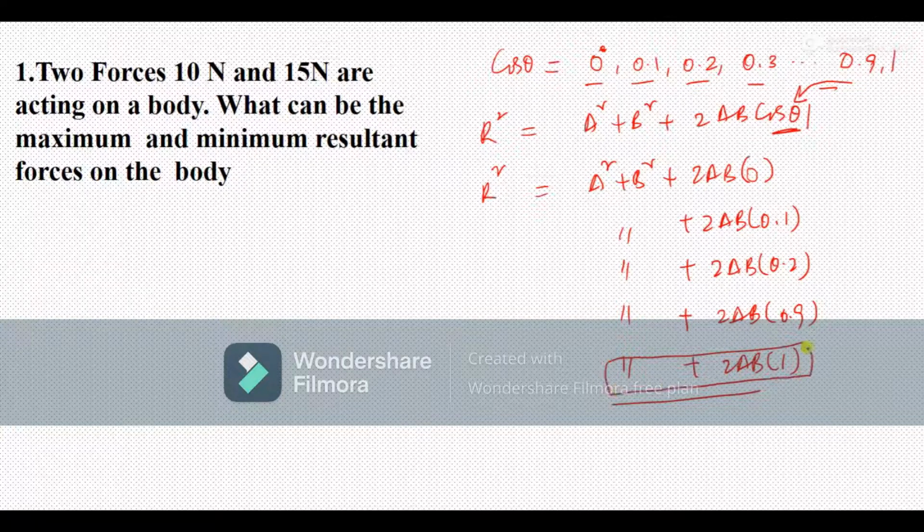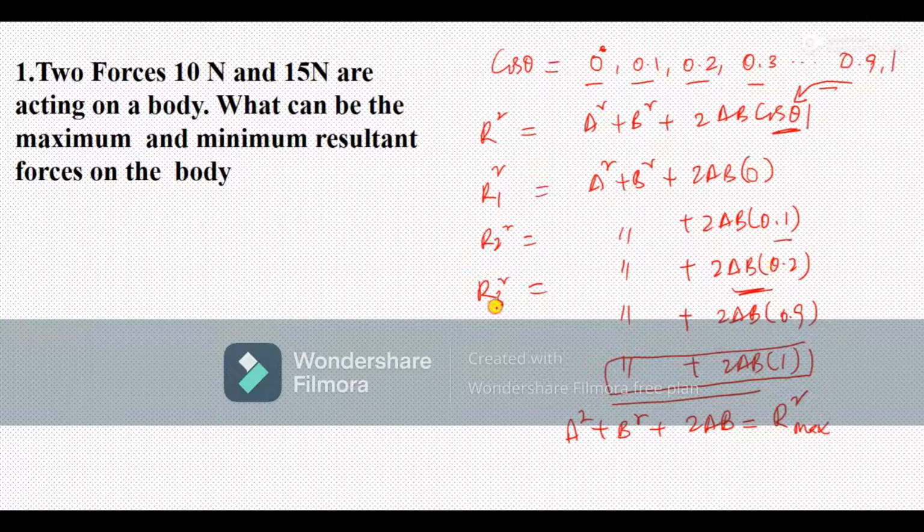The final value, A square plus B square plus 2AB, is the R maximum value, because the others will be less compared to this one. I am just taking different values of cos theta for illustration. When cos theta is equal to 1, this will have the largest value, so R1 will be greater than all these others. That will be the maximum value, and this happens when theta is equal to 0 degrees.